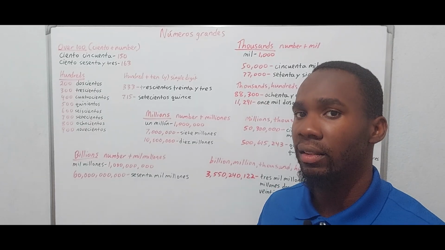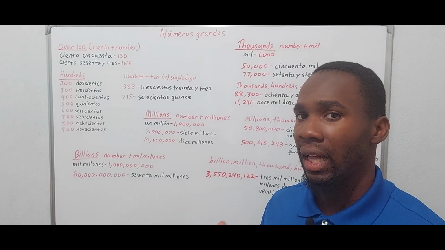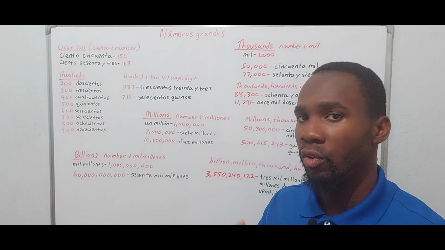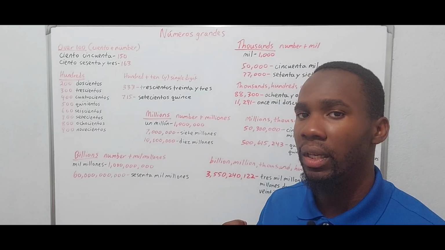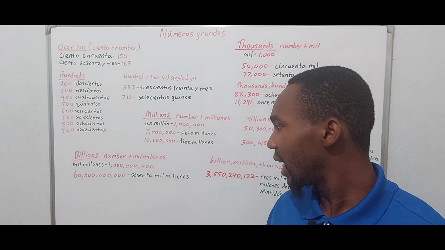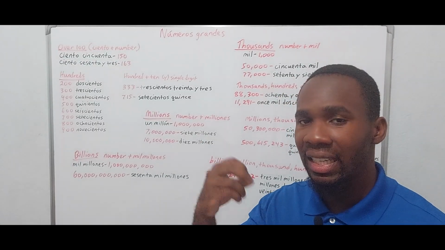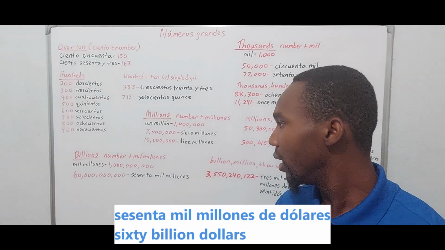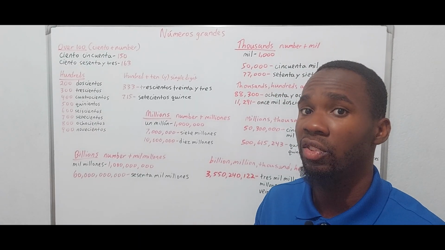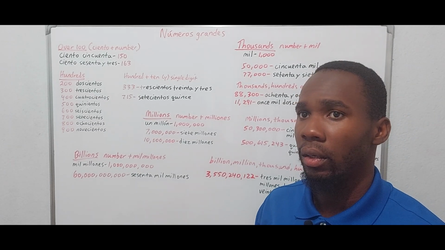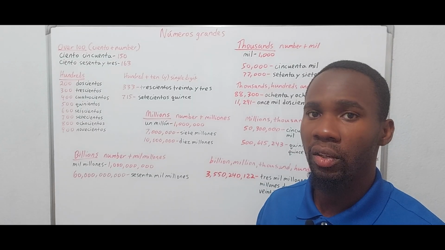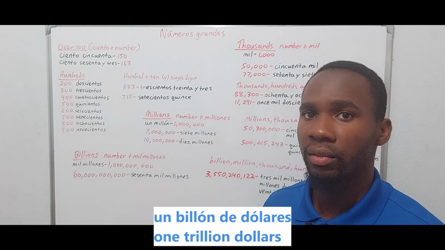If you're using it as an adjective and you're only talking about that specific quantity with no other units, we have to put de. So 60.000 millones de dólares, $60 billion. If we want to say trillion, un billón de dólares, $1 trillion, right?